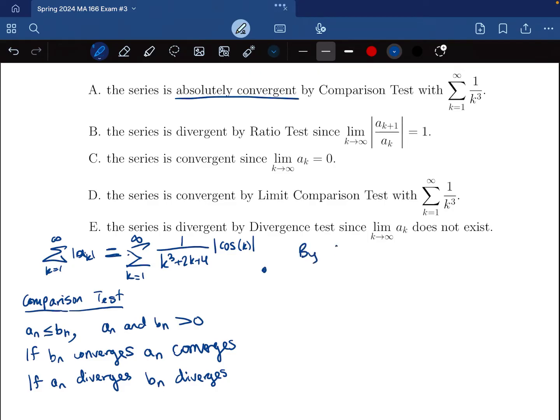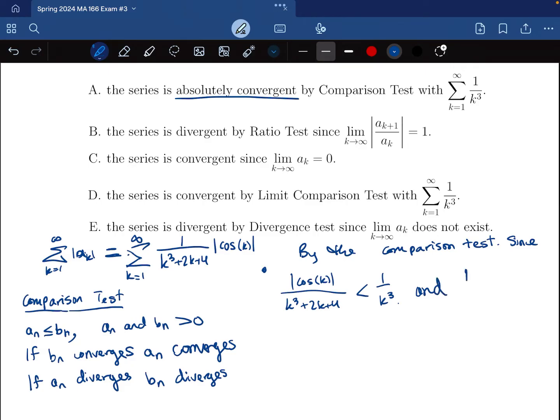By the comparison test, since cosine k over k cubed plus 2k plus 4 is less than 1 over k cubed, and 1 over k cubed converges via the p-test, that means that cosine k over k cubed plus 2k plus 4 converges.